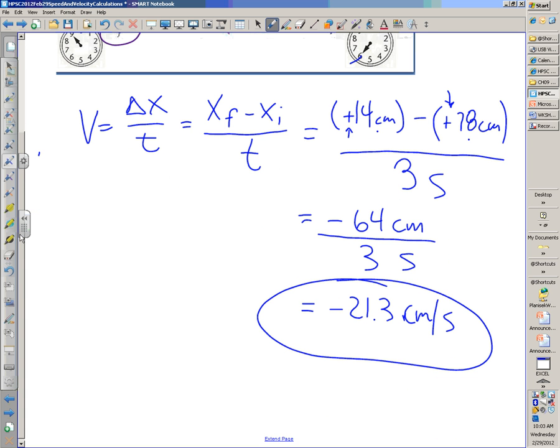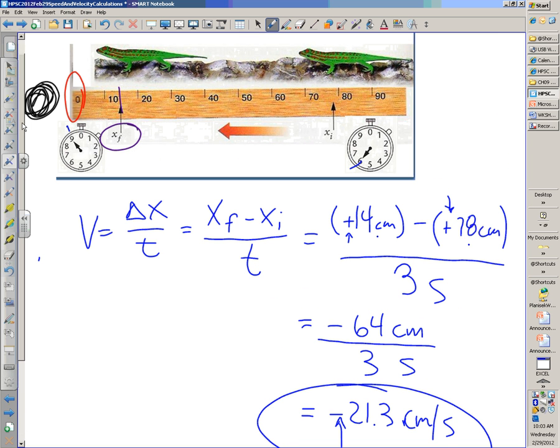So we have to show that. We show that by the negative sign on the velocity. Before, we talked about position is negative if it's over here on this side of the 0 point, because position tells us, position answers which question?